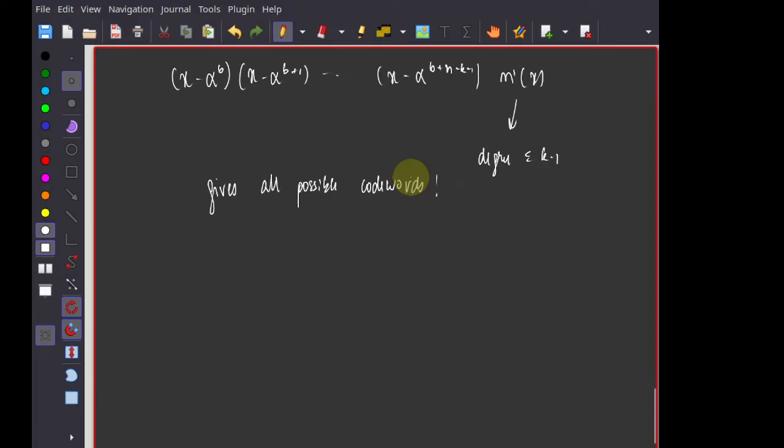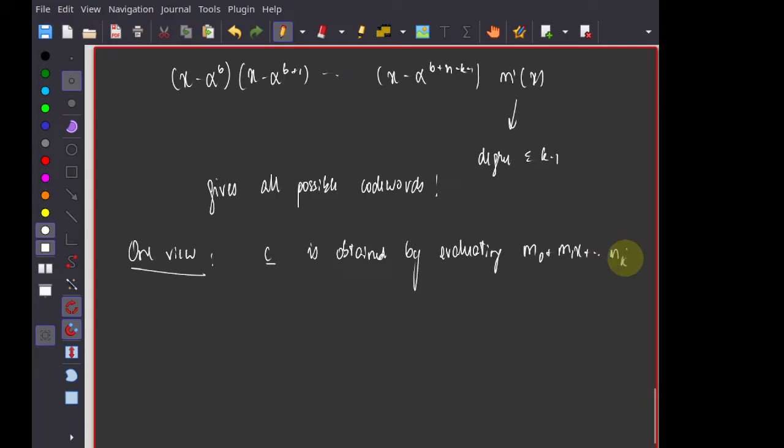So this is another way of encoding Reed-Solomon codes. Remember, we looked at one view of generalized Reed-Solomon codes, which was that the code word is obtained by evaluating a certain polynomial, m0 plus m1 x up to m k minus 1 x to the k minus 1, at n different points, alpha 1, 2 up to alpha n.